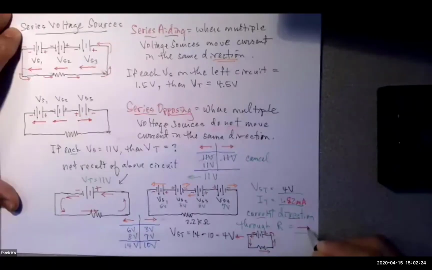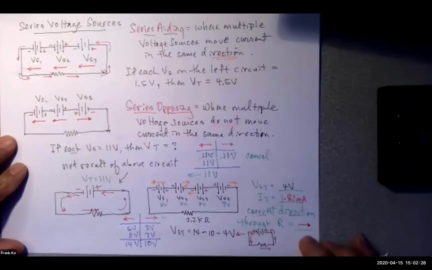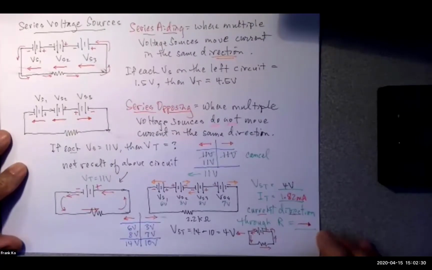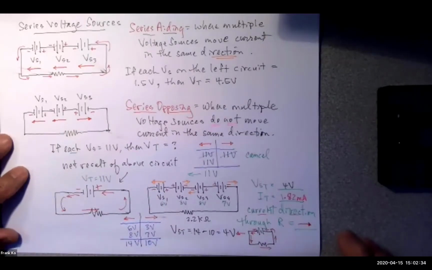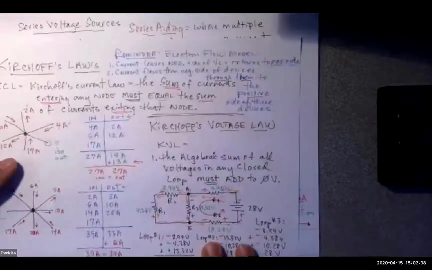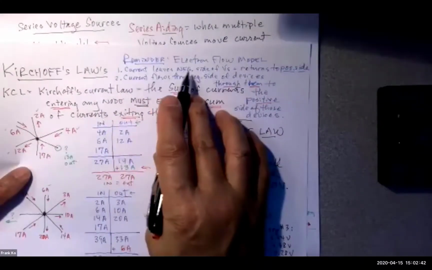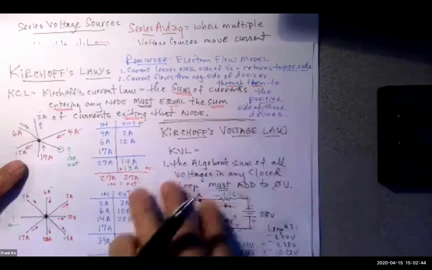Right. Flows going to the right. And this is fundamental. A very fundamental understanding we need to have in place, understanding how currents flow based on the definition of electron current flow model. Electron current flow model leaves the negative side of the source, returns to the positive side.